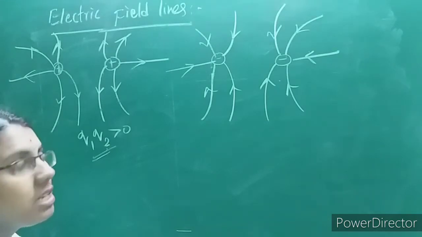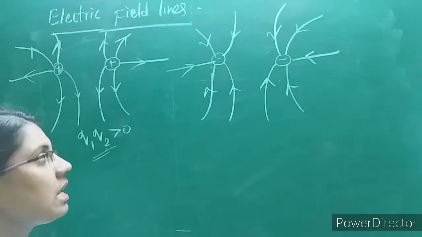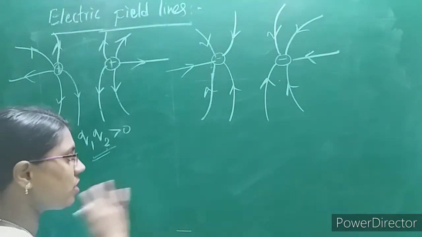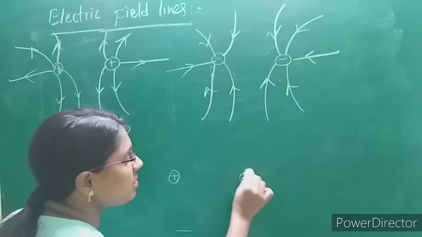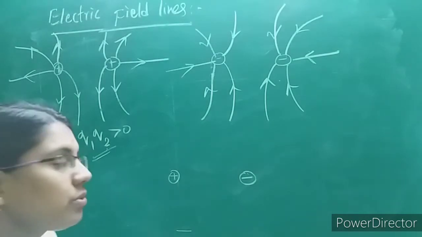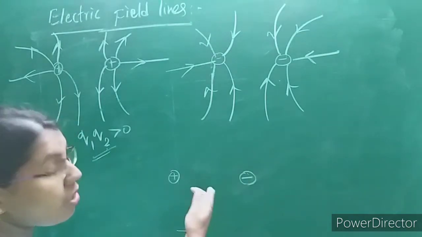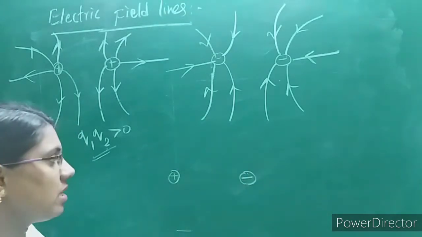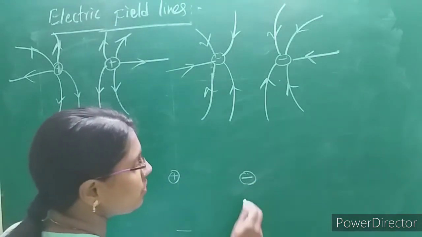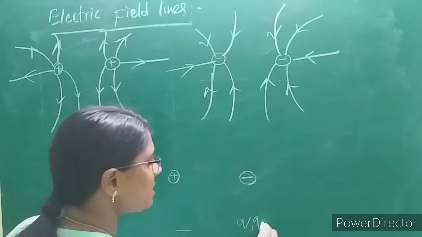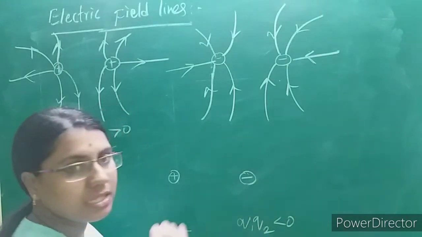Suppose we consider unlike charges. Then how do we represent the field lines, how do we draw the field lines? In the case of two unlike charges, those two are not the same kind of charges, one positive and one negative. In that case, the product of the two charges is always less than 0, that means negative.